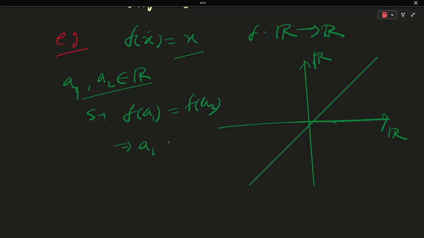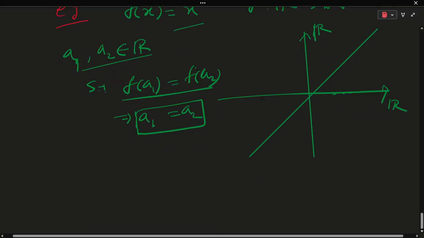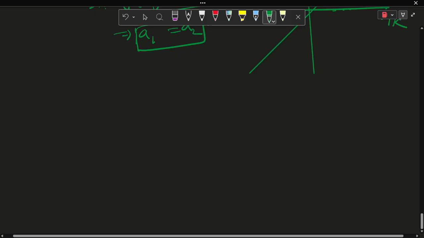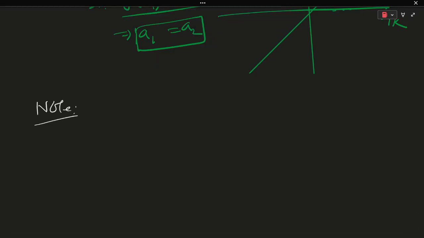So this is a1 equals a2, and we see that the functional values are the same. This implies that the points are the same, the preimages are the same. So note here the new thing: the well-definedness of a function.